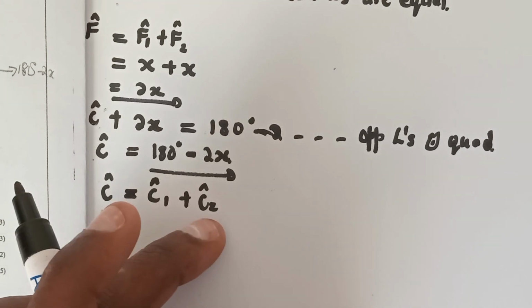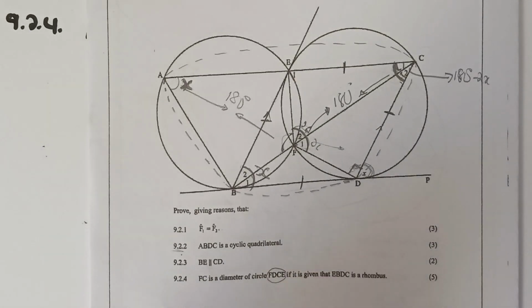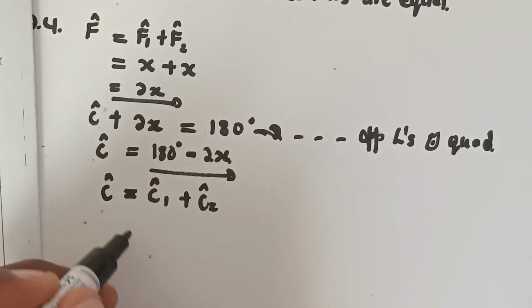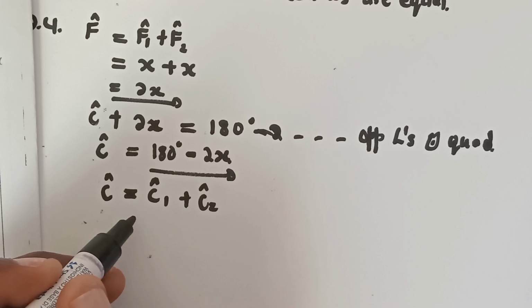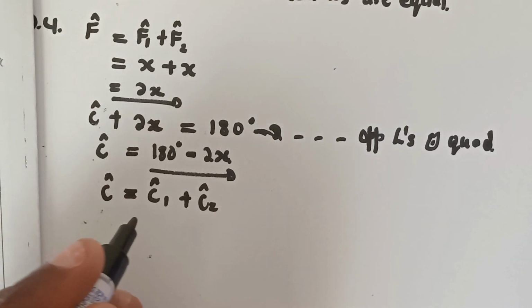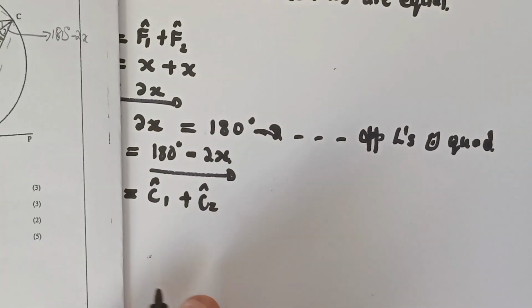This one plus this one gives us angle C. So for angle C2, angle C is 180 minus 2x.